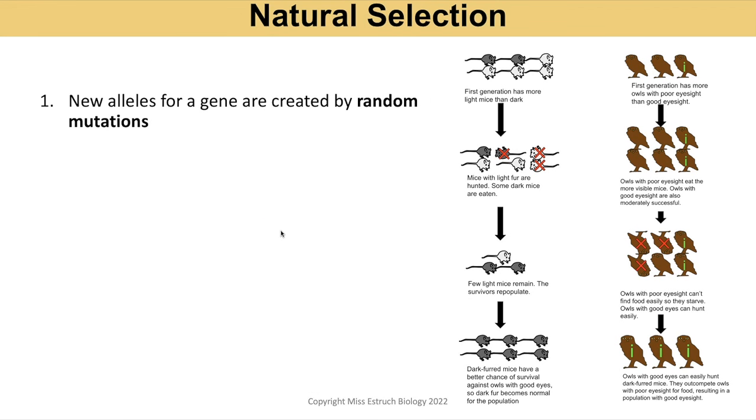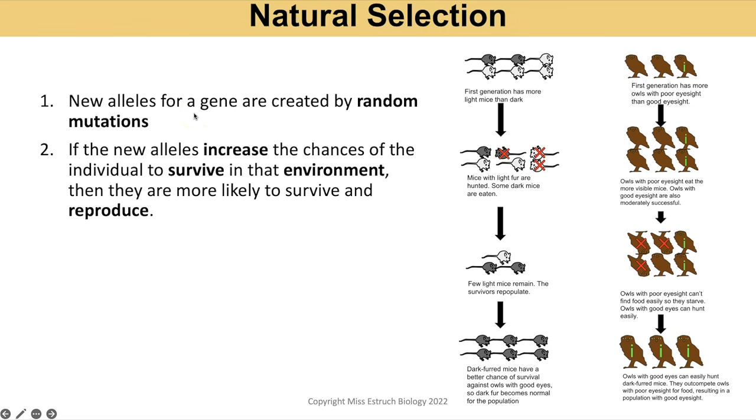First of all, you always have variation, genetic variation within the population. And that is because new alleles for a gene are created by random mutations occurring.